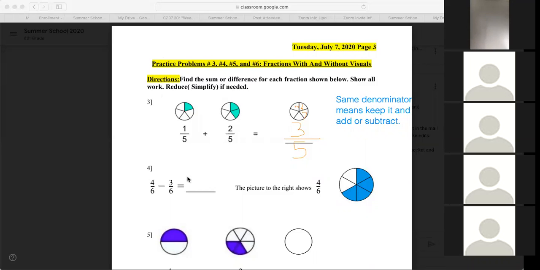Because same denominator means keep it and add or subtract. Right. So as we just said before, this applies to that. So now let's do number 5. In a moment, I'm going to change the paper. In 3, 2.